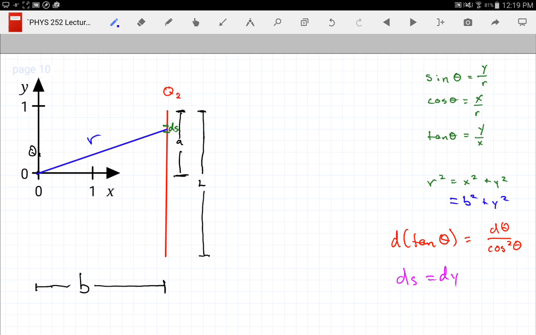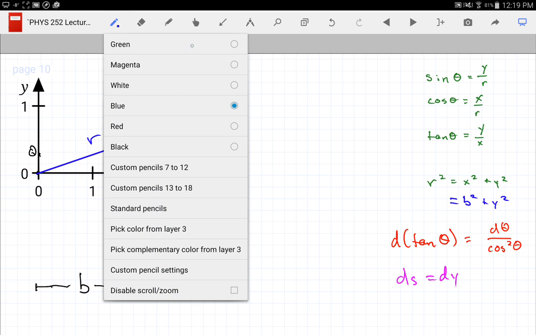So I have my ds, and I know that r squared is b squared plus y squared. What I'm going to want to do is to find the equation for my force. Actually, I'm going to leave it in blue.